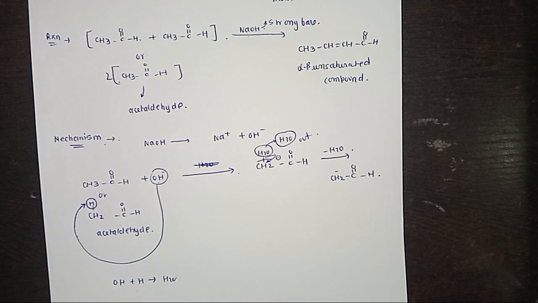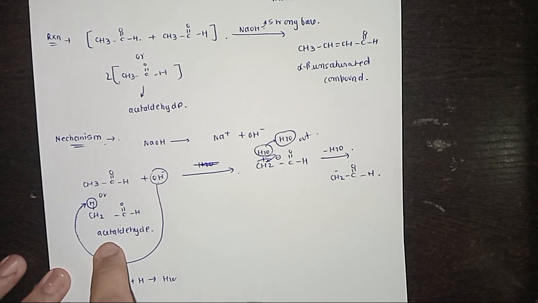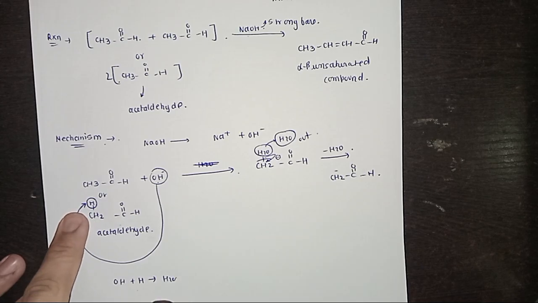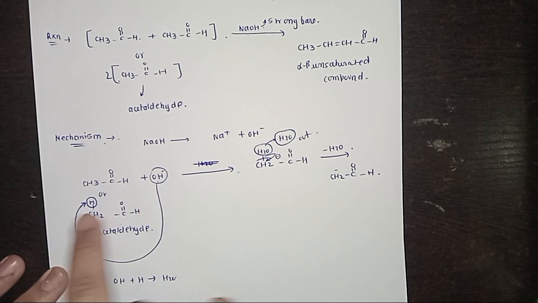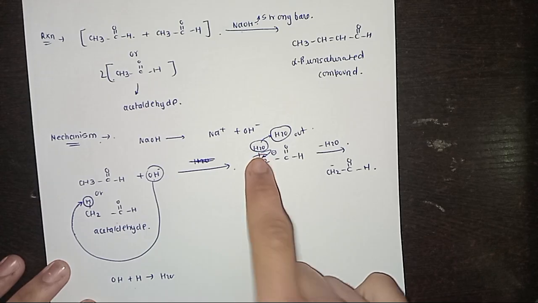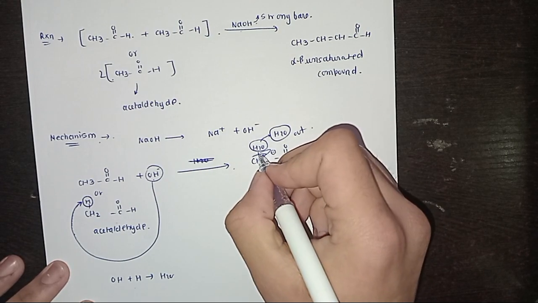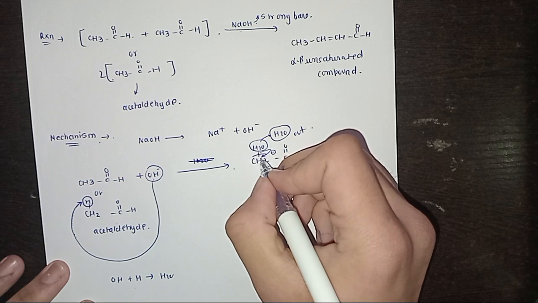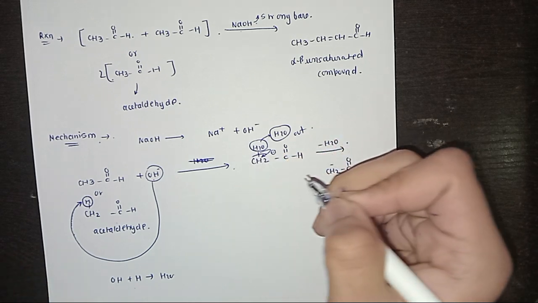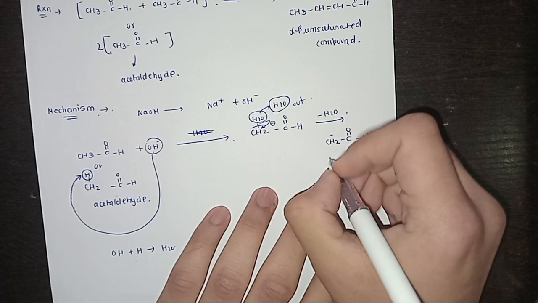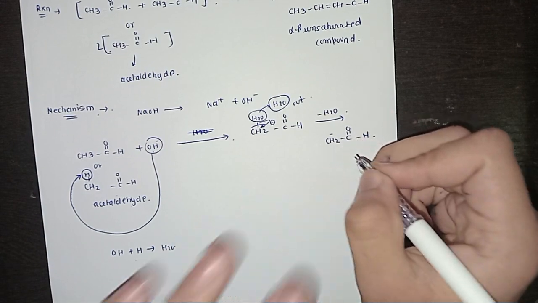Means basically what happened, the acetaldehyde reacts with the OH, and this OH will shift to the hydrogen of the acetaldehyde, and it will form the H2O. The H2O will be removed from here, and this bond which attached the H2O to the CH2 will shift to the CH2 and form the negative charge, and we have this compound.